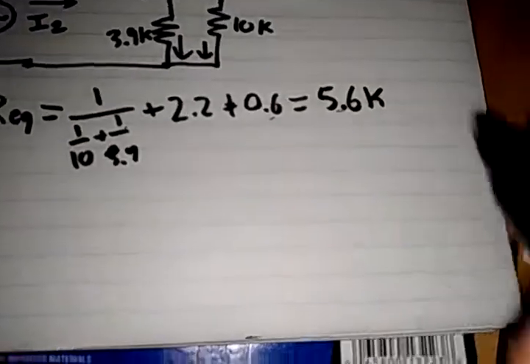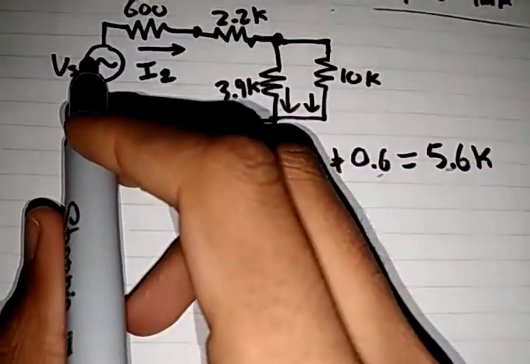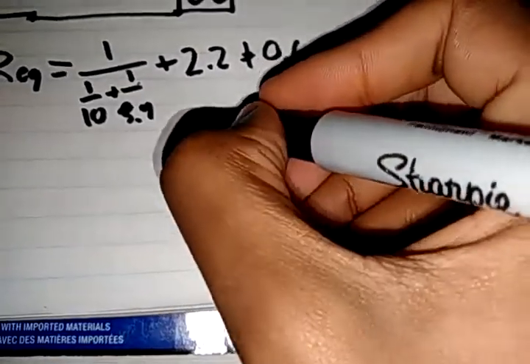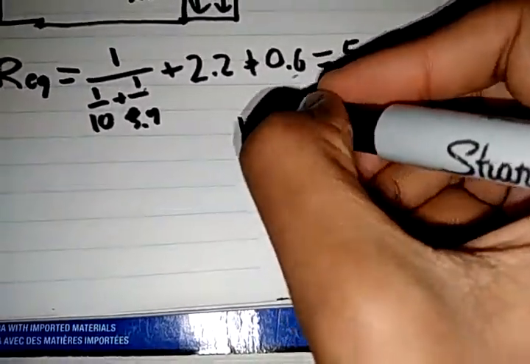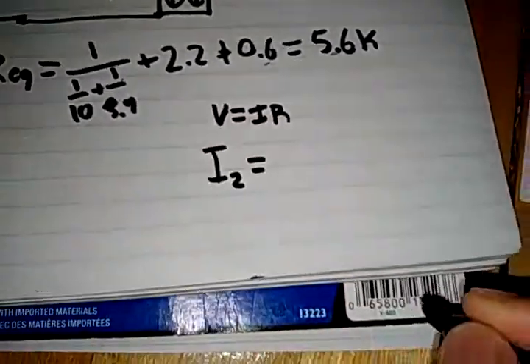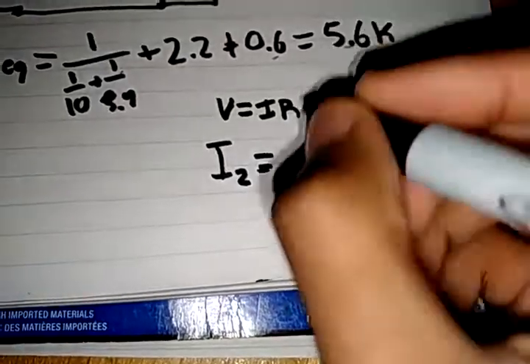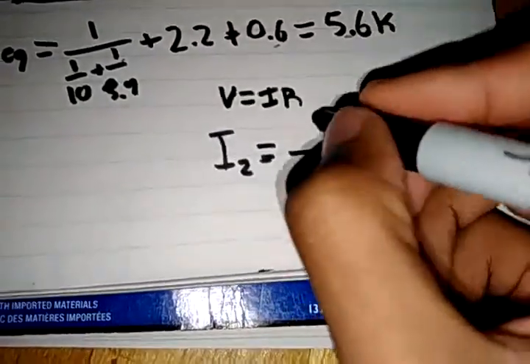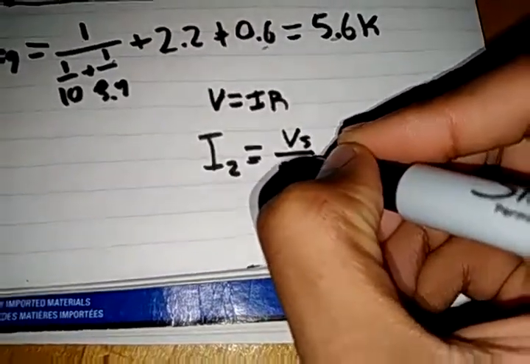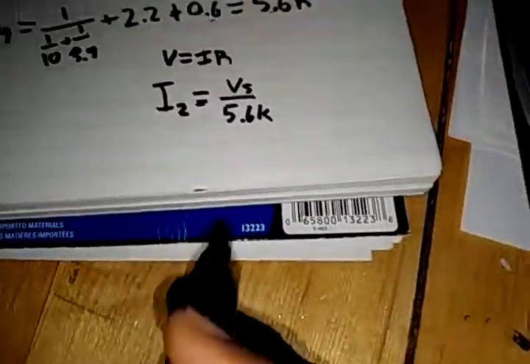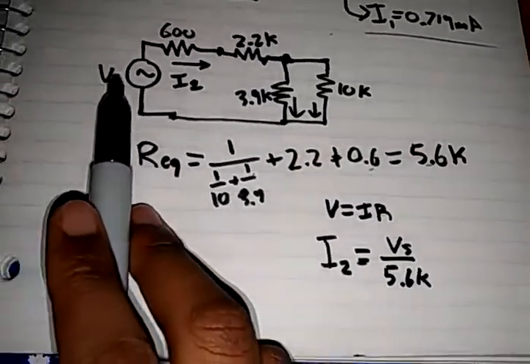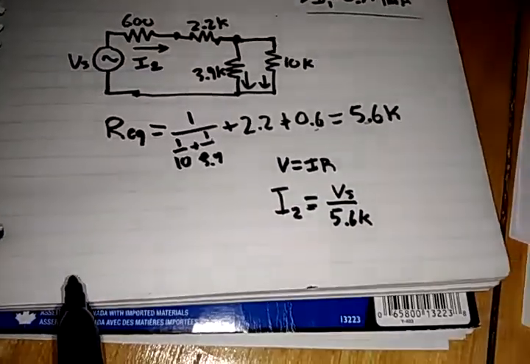Now that we have R equivalent, we can find the current going through here using Ohm's law. V is equal to IR, so I2 is equal to Vs over 5.6K. Vs is given in the question to be 2 volts amplitude, 20 kilohertz.